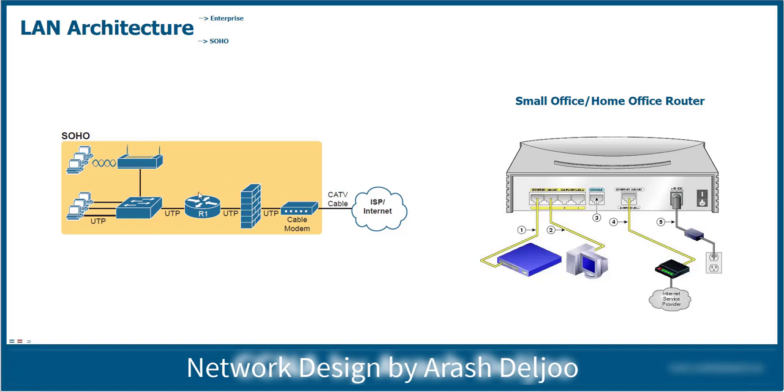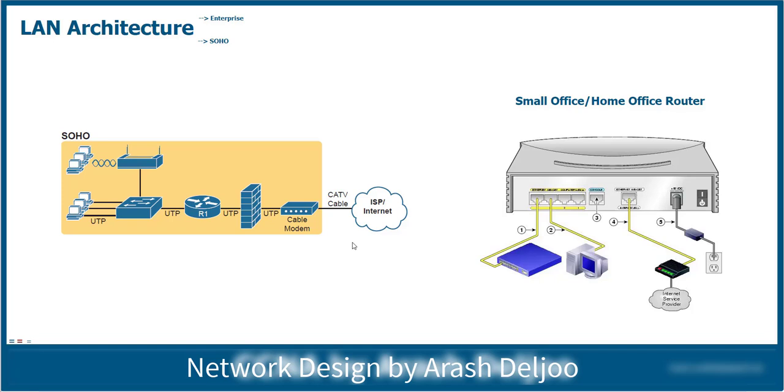Assume that here we have a small office. In this office, we have only 4 employees, and we need to have connectivity to the internet and maybe to the corporate main office. How can we use multiple devices to connect to the internet and also to the headquarters?